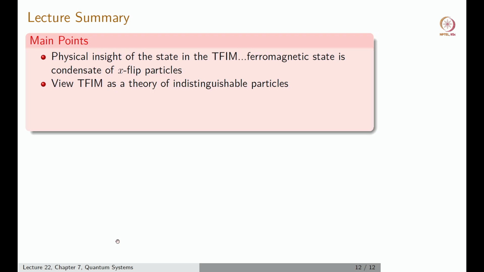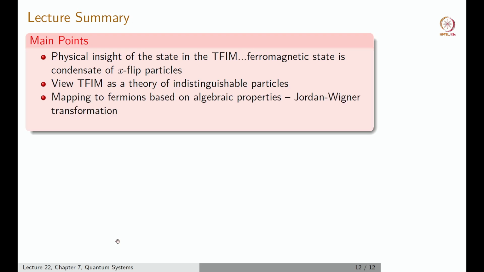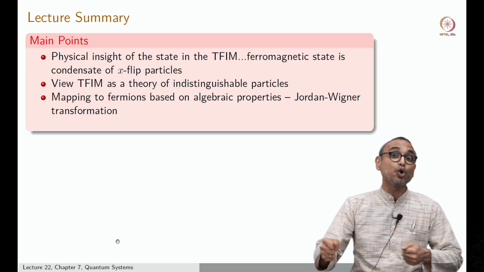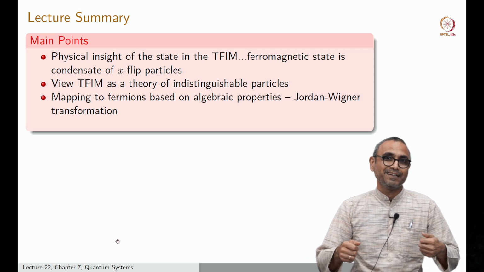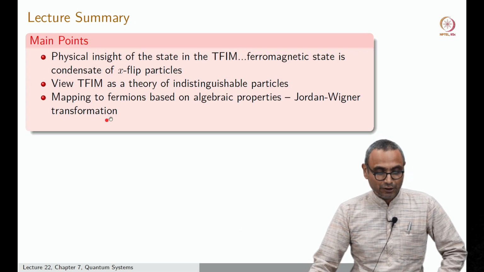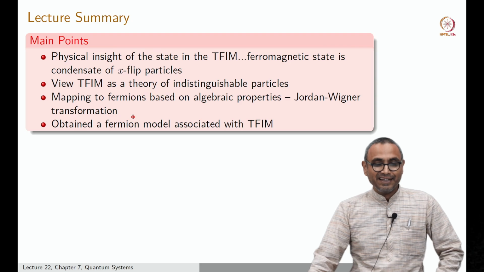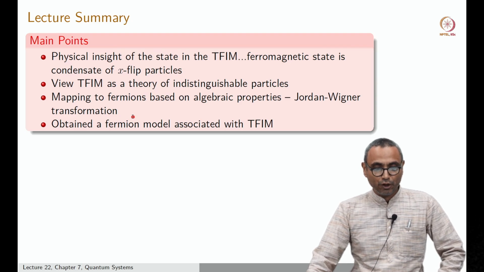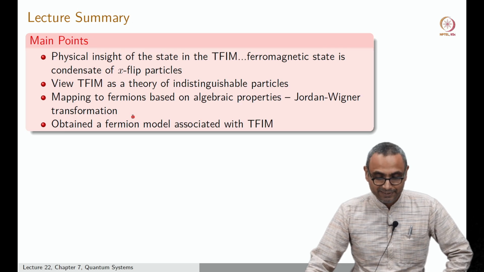So we wanted to view the theory of the transverse field Ising model as a theory of indistinguishable particles, and based on some algebraic properties, we found that you have to have an interesting non-local transformation between qubits and fermions, and this is called the Jordan-Wigner transformation. And using the Jordan-Wigner transformation, we were able to find a fermionic model associated with the transverse field Ising model.